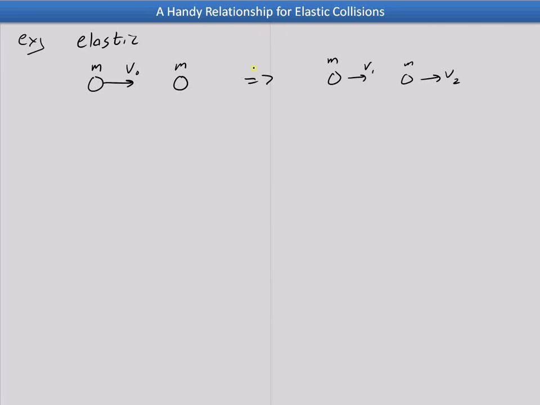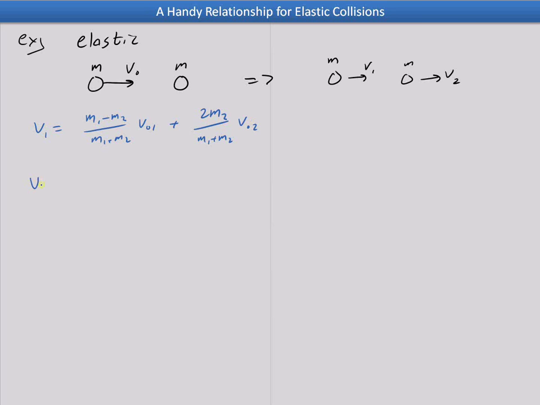So a quick reminder, since it was on the previous slide, v1 is going to be equal to m1 minus m2 on m1 plus m2 times v initial 1 plus 2m2 on m1 plus m2 times v initial 2. I'm just rewriting it a slightly different way to show you how we get these ratios involving the mass in terms of the initial velocities.